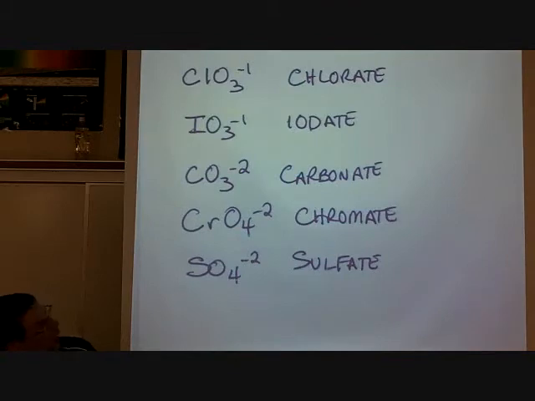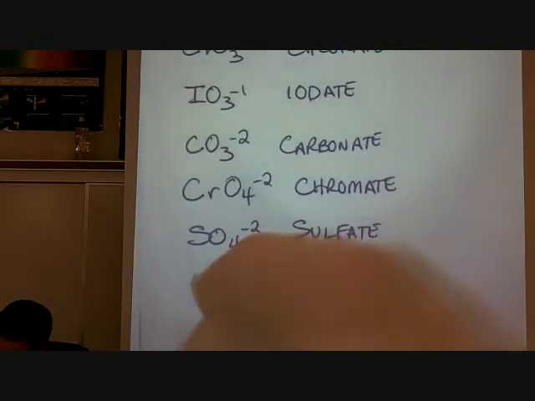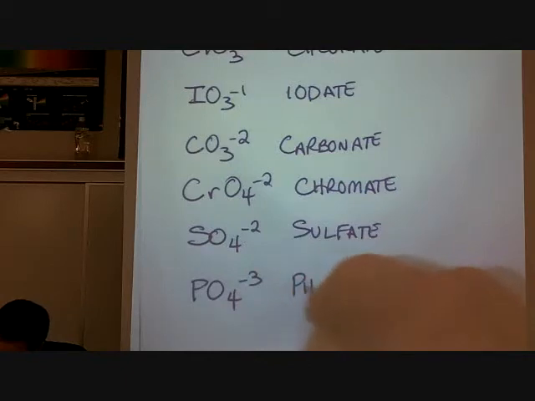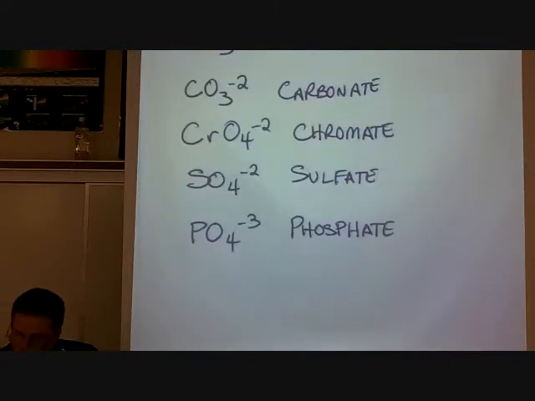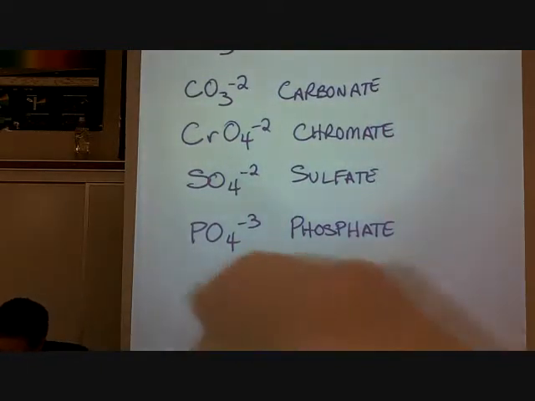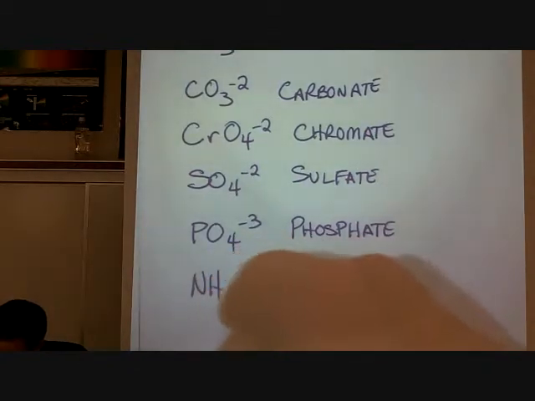And so far we've got, let's see, 5, 6, 7, 8. So I need 2 more. So my -3 representative is phosphate. And then my last one, and it's my only metal, because all these other polyatomics had negative charges, so those are represented as nonmetals. However, the last one is ammonium, NH4 with a +1 charge.